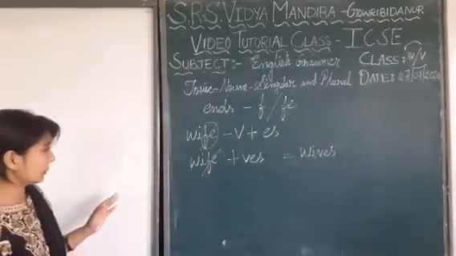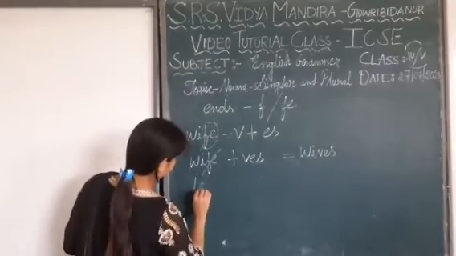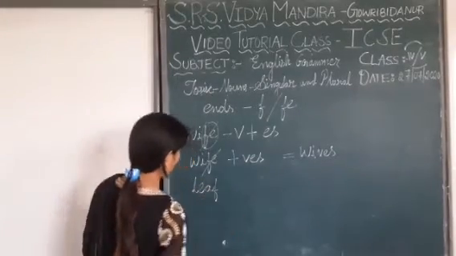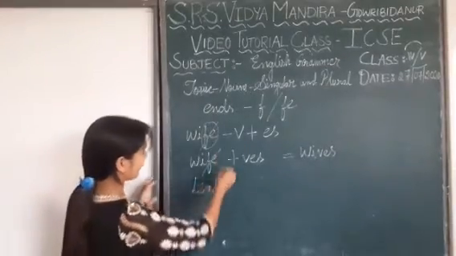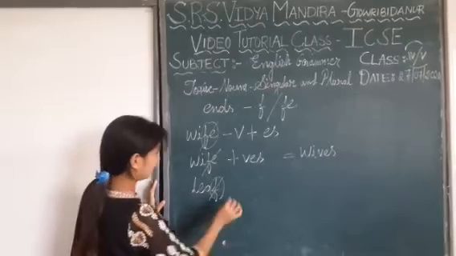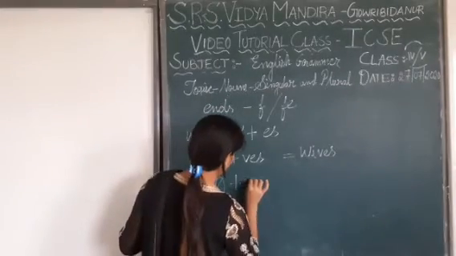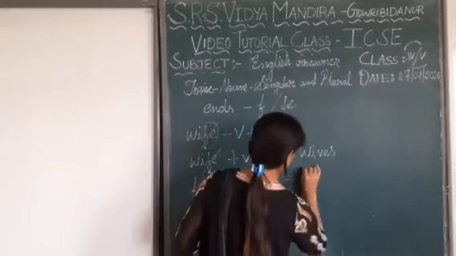And another example: leaf. So leaf is the singular, only one. The word ends with F. So F is here, then cut the F, then add VES. Then what comes? Leaves.